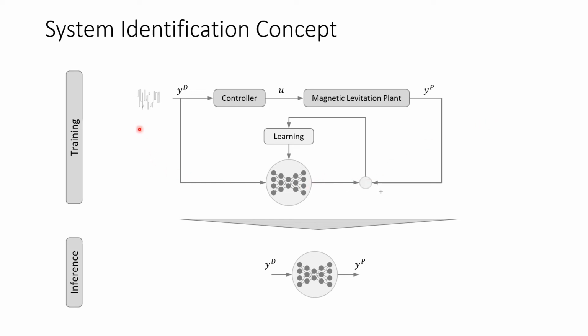The general idea behind system identification in this research is we want to model the system in such a way that we can predict the output for a specific input. To achieve that, we collect data. We first apply a desired input to the controller, which generates control signals and drives the plant.